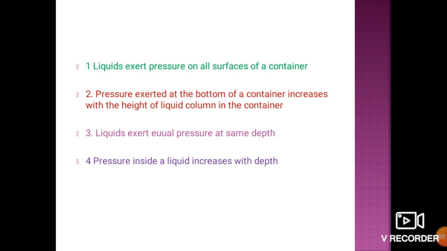Whenever we increase the height of the liquid column, the pressure exerted at the bottom also increases. Third, liquids exert equal pressure at the same depth. Sorry students, by mistake the spelling is wrong, so you just correct it.